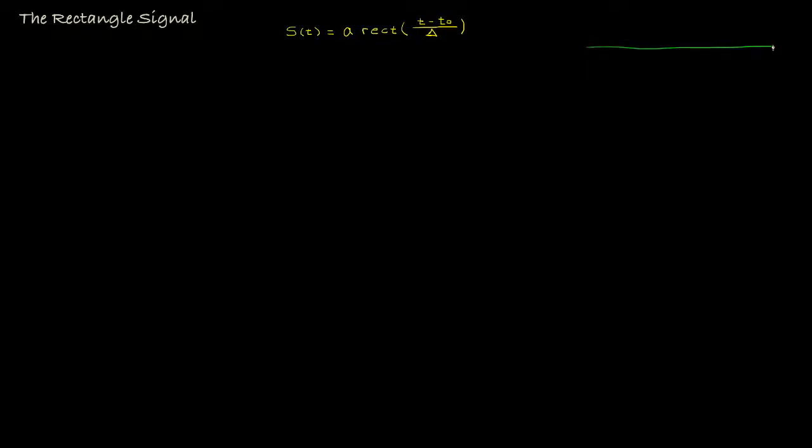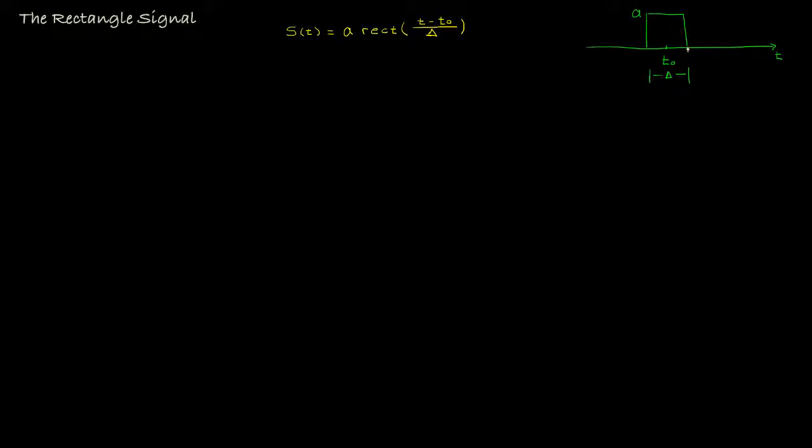If we look at this signal in time, it's a rectangle whose height or amplitude is equal to A. Its center is at the time t0, and its width about that center is equal to delta.